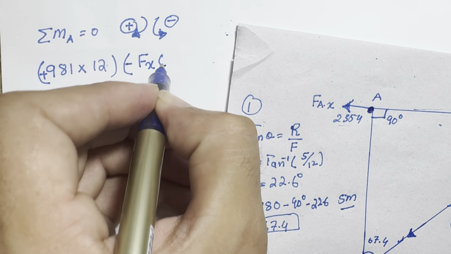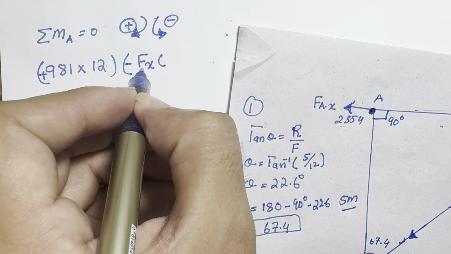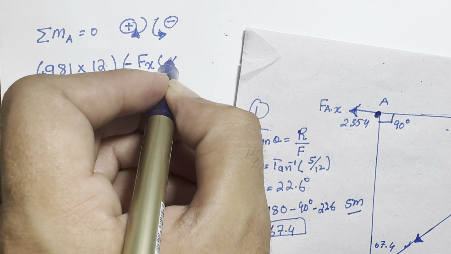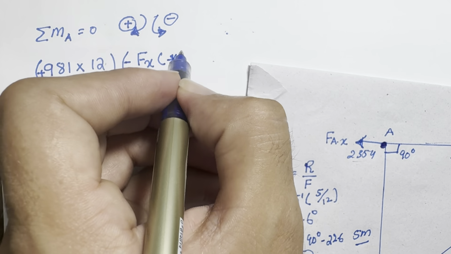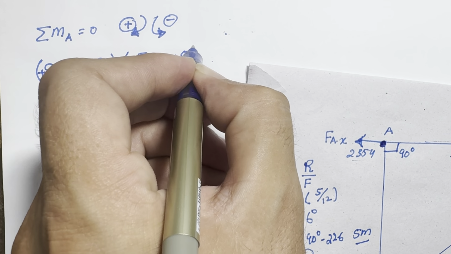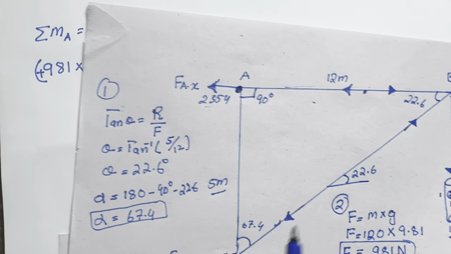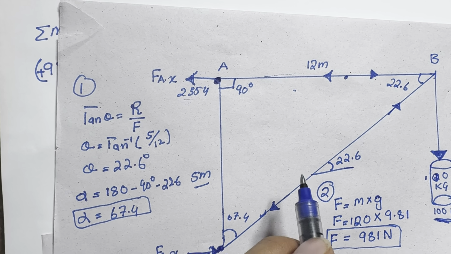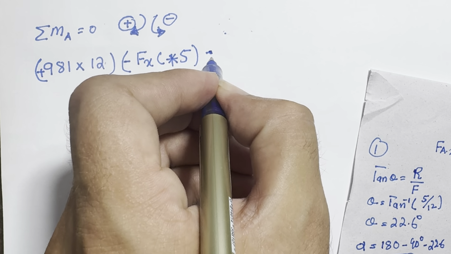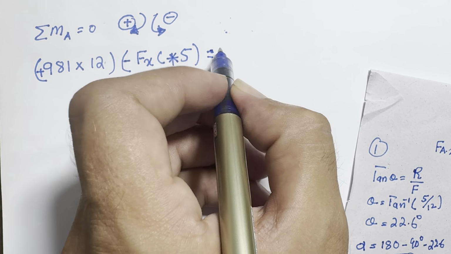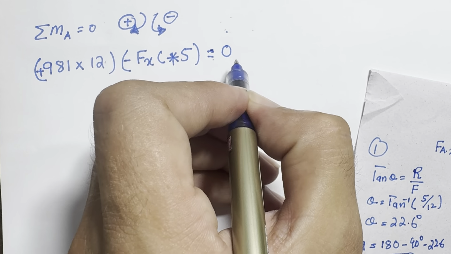FXC, or FCX, at point C is a horizontal force, multiplied by the moment arm of 5 meters, and there is no other force acting at this point. I take moments equal to 0.